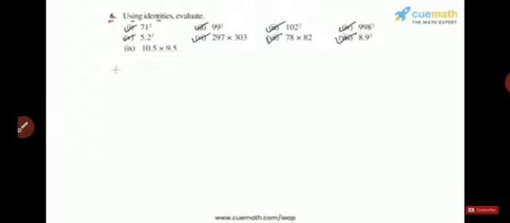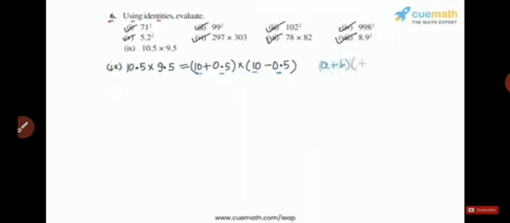Now the last sum is ninth part, 10.5 into 9.5, and both these decimals are nearer to 10, and we write it as 10 plus 0.5 and 10 minus 0.5, and apply the algebraical identity a plus b, a minus b, and here a is 10 and b is 0.5, and we apply this identity a square minus b square, and we write it as 10 square minus 0.5 square.